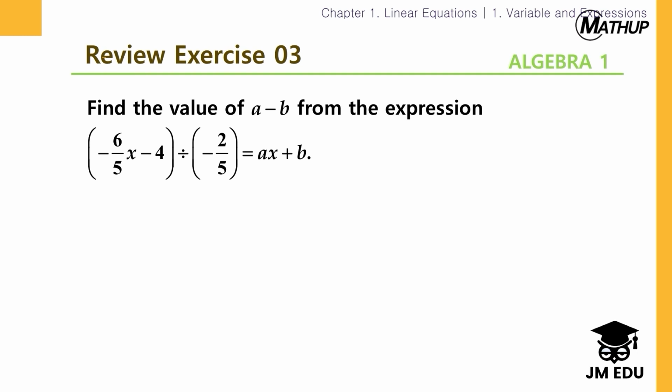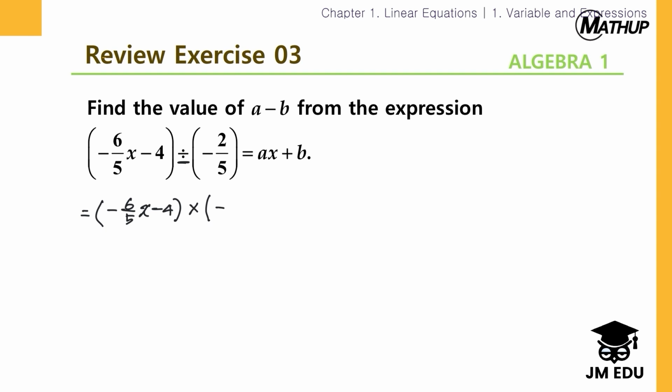Number 3, find the value of a minus b from this expression right here. So let's simplify the expression on the left side. We have negative 6 over 5 times x minus 4 divided by negative 2 over 5. So the first thing we've got to do is convert that division to multiplication. So negative 6 over 5 times x minus 4 times, we're going to switch 2 and 5, right?